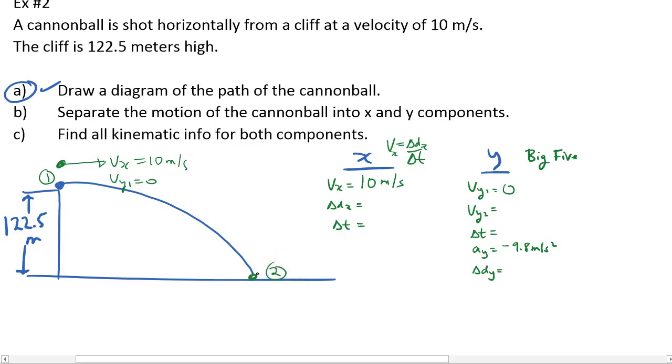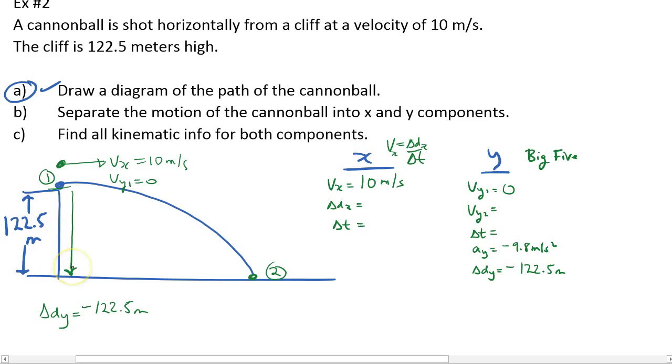Okay, so this distance of 122.5 is going to be how far it moves. That's going to be delta d, how far it moves in the y direction. So delta dy is going to be equal to negative 122.5 meters. Why negative? Because it started from this height and moved downwards.